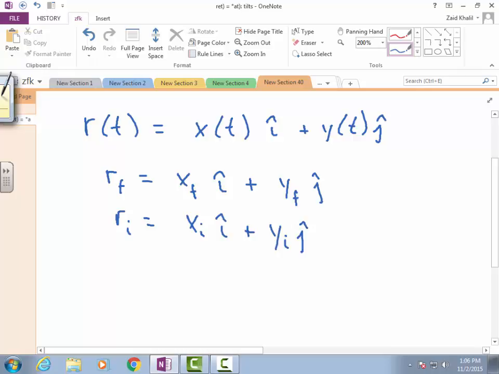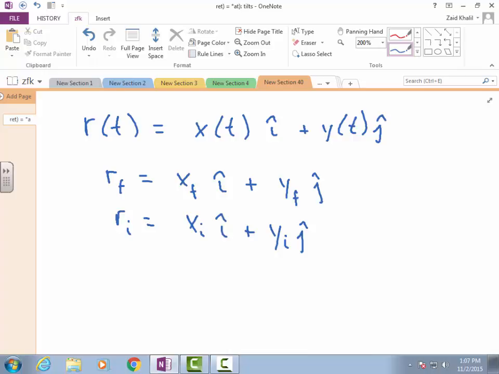And what did I just do here? All I did was take this vector. I can erase this coordinate system now and just look at this coordinate system. Maybe I'm better off just redrawing it. This is r i, this is r f, right?